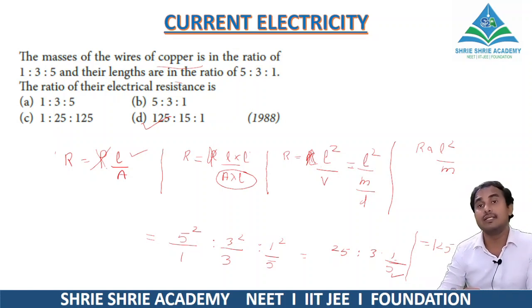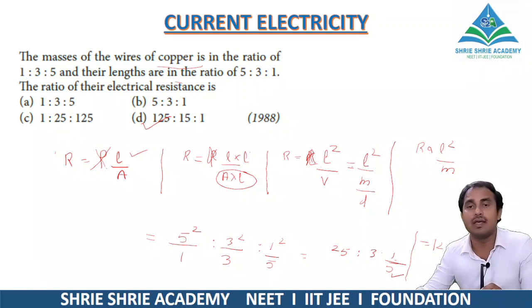I hope you understand how to relate this. The main thing is we have to relate resistance and mass, but no direct formula is there. So we took the area, made it volume, and got volume equal to mass by density, so we could find it out. I hope this is clear for you.